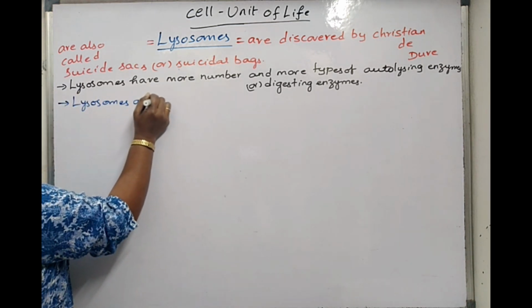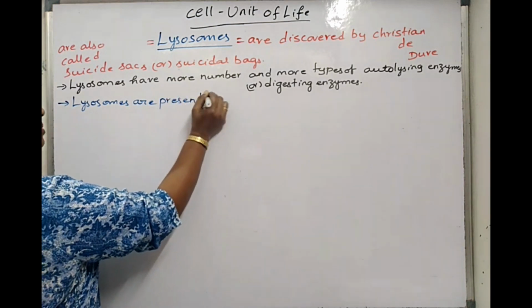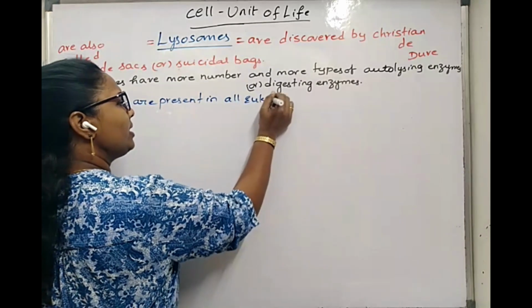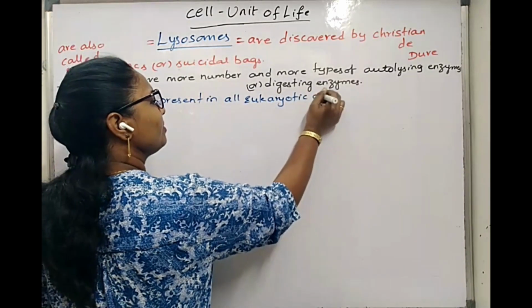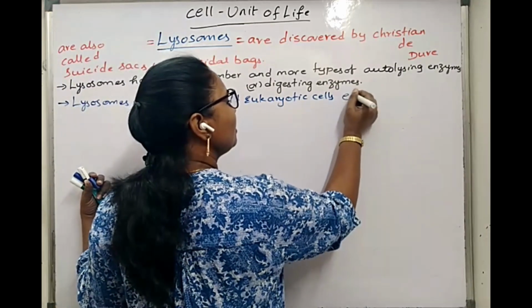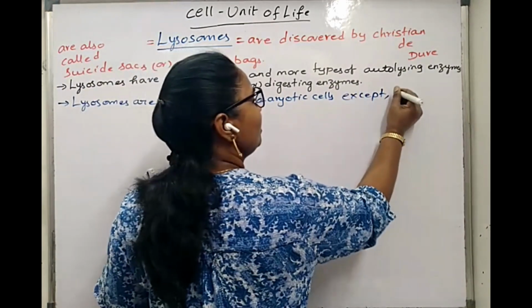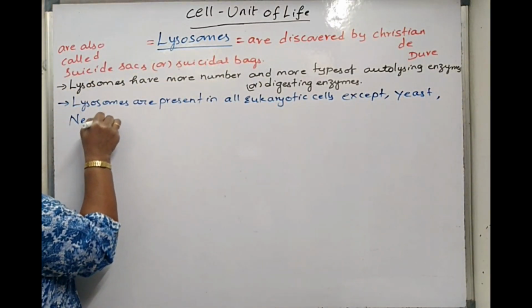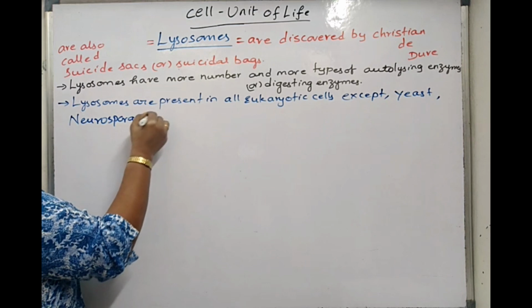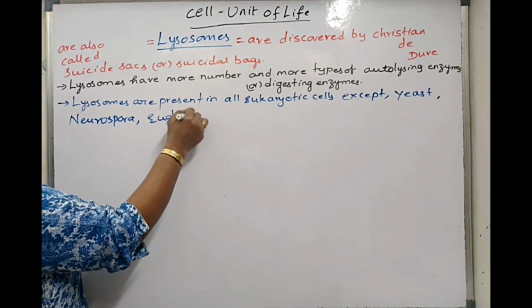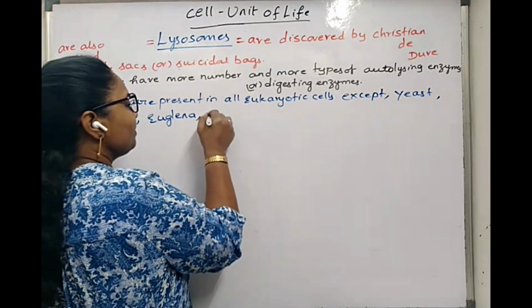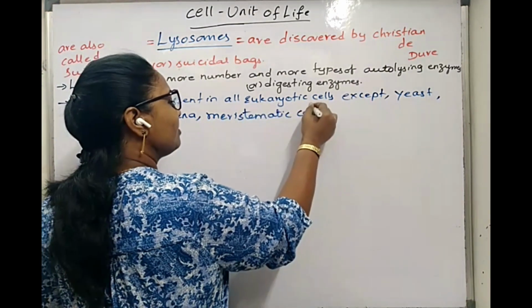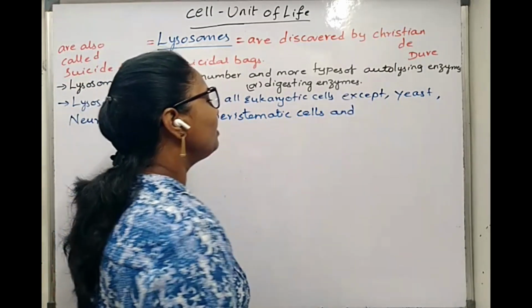Lysosomes are present in all eukaryotic cells except yeast, neurospora, euglena, meristematic cells, and a matured mammalian RBC.